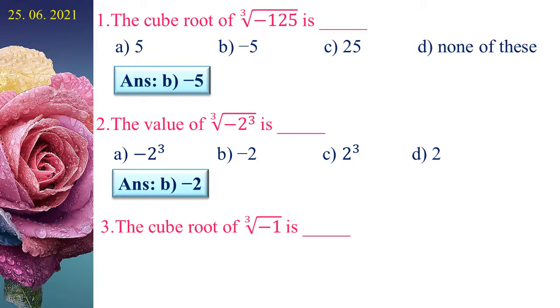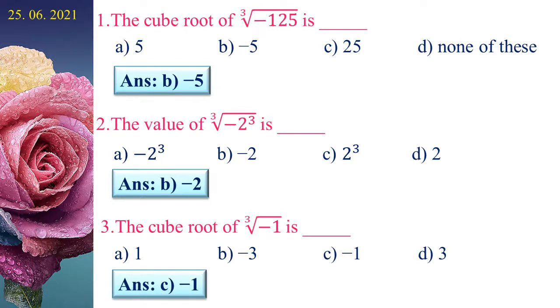Next question. The cube root of minus 1 is dash. A 1, B minus 3, C minus 1, D 3. Answer C, minus 1. Next question.